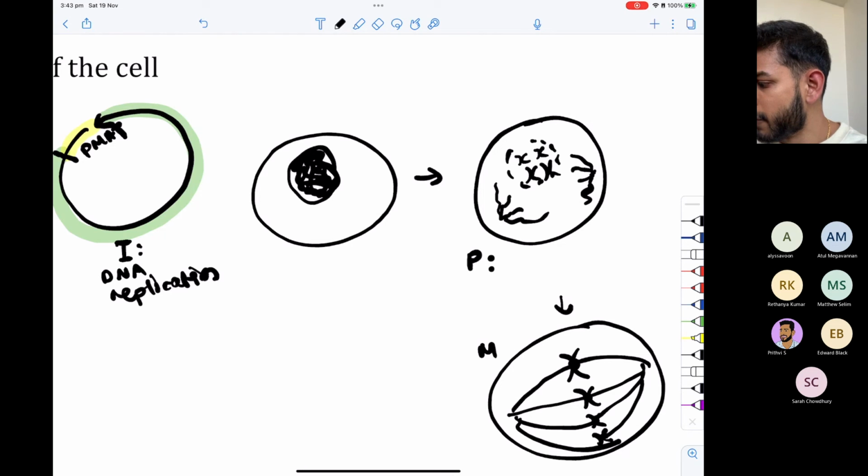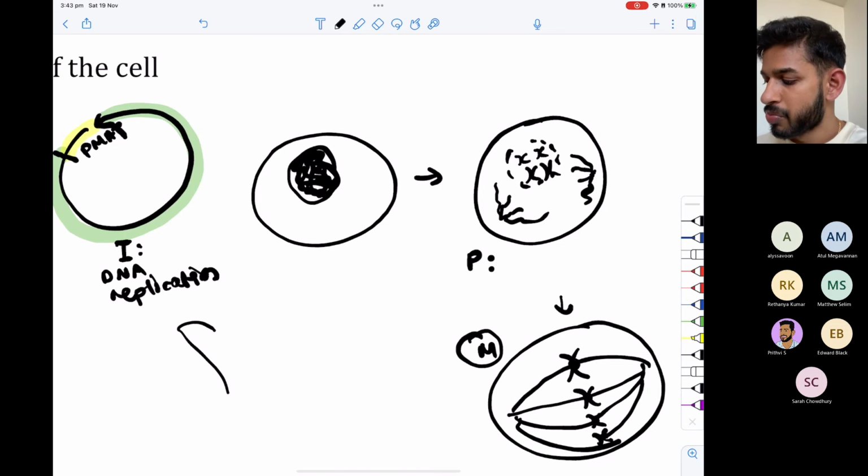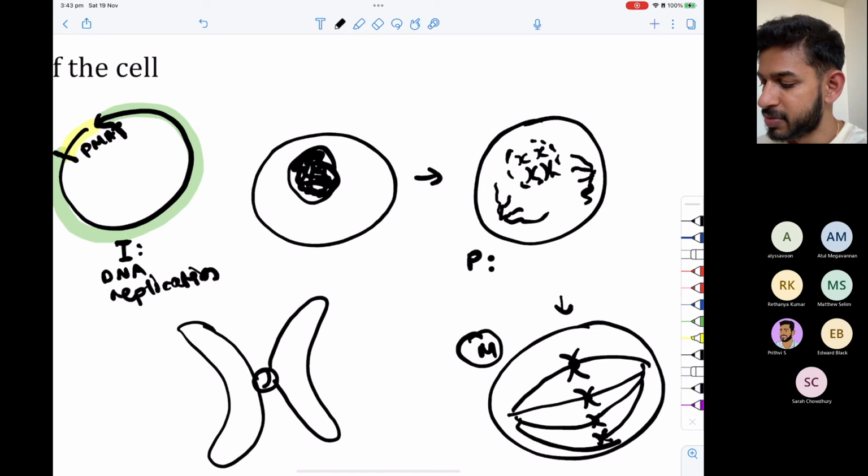Okay, very good. So metaphase, I remember they line up in the middle and 2 spindle fibers attached to each chromosome. Now, Atul, what part of the chromosome do those spindle fibers attach to? One chromosome. Very good. So that button here, it's a centromere that's holding the original chromosome and its replicated twin.